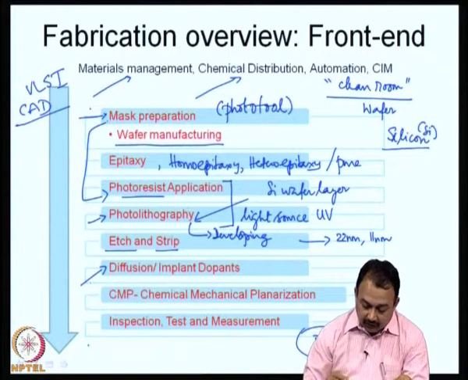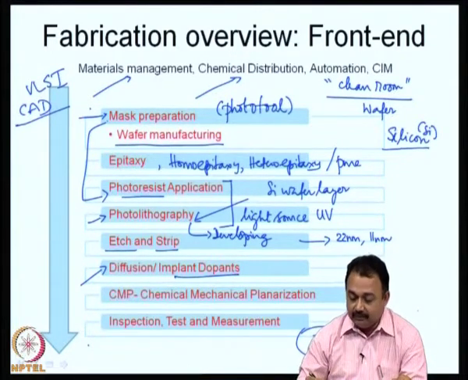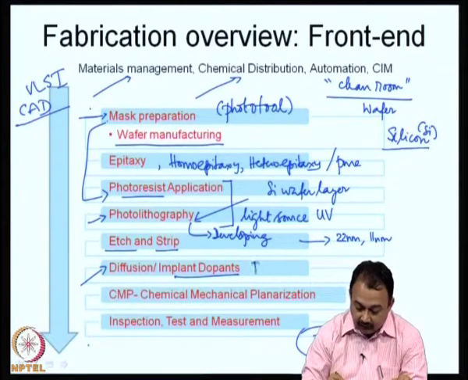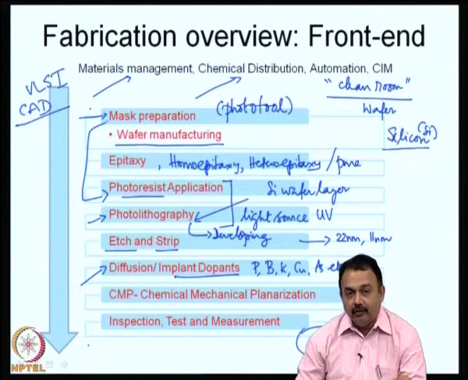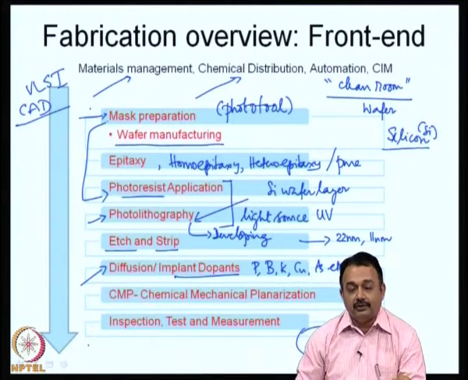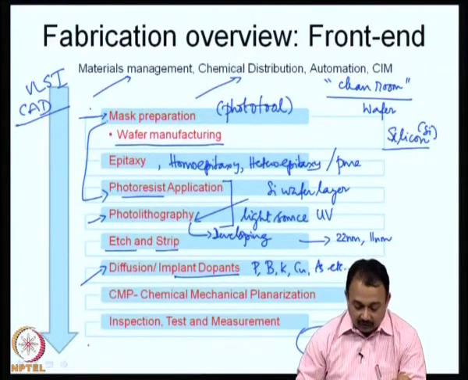Therefore, a lot of new materials are being used as implants or dopants. Typically, you can use phosphorus, boron, potassium, copper, arsenic, etc. Now, you have to look at which material you need to use based on the electron mobility properties and so on.